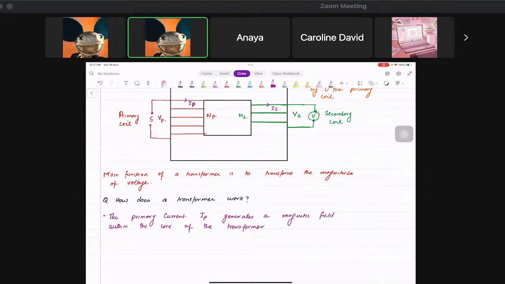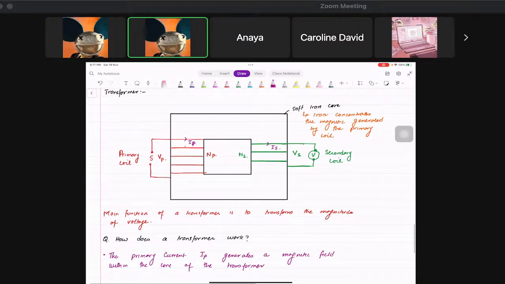So suppose that here the current is going in this way in the first instance. So the magnetic field is going to be produced in this and then it will start moving like this within the core because iron concentrates it within itself.